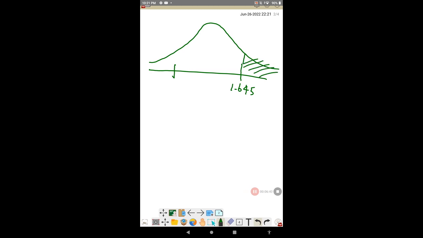This is our rejection region. And here also we have a rejection region, minus 1.645. So this is alpha over 2 and this is alpha over 2. In here, 1 minus alpha.